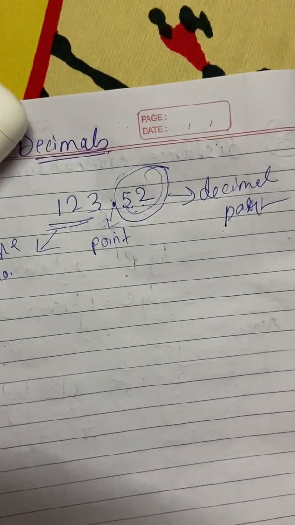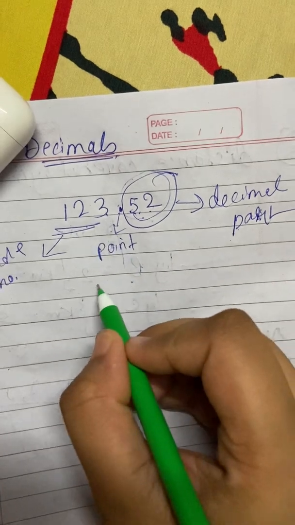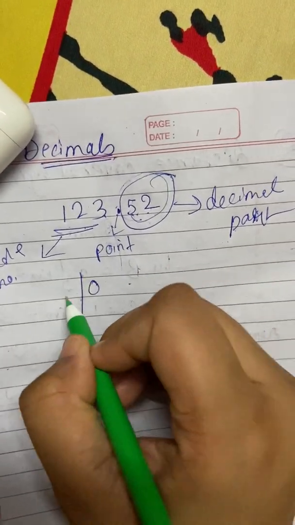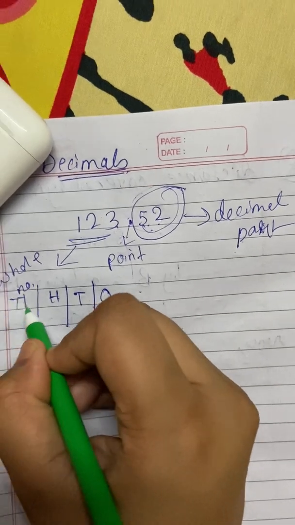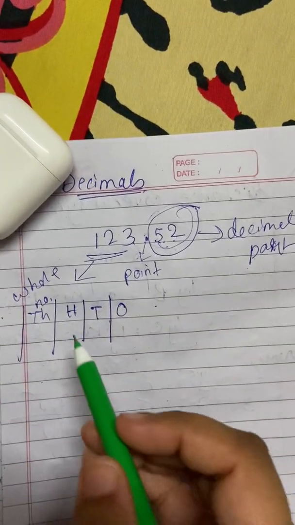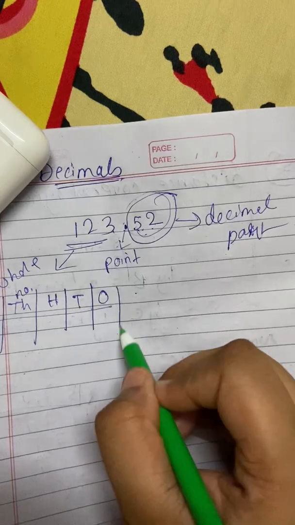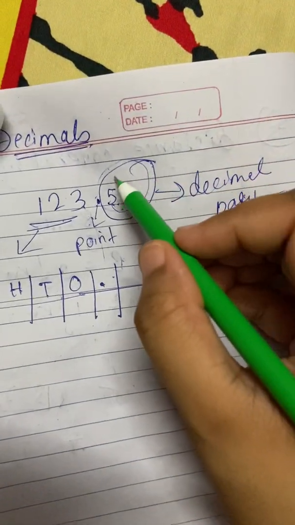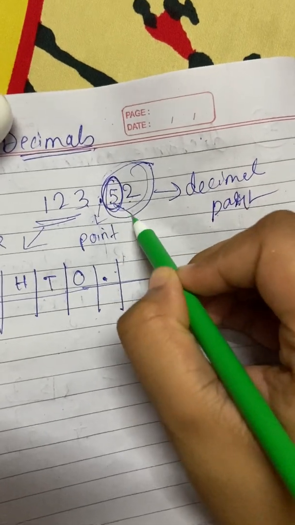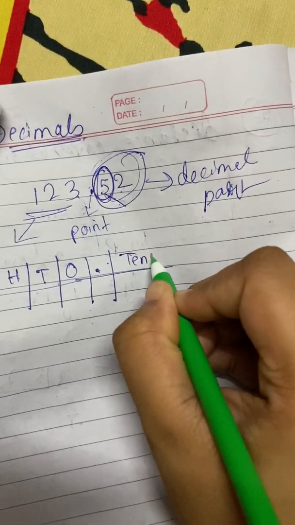Now we know that this value is ones, then after ones it comes tens and hundreds, then thousand, 10,000 and so on. You know this place value. Now this is the decimal. So just after decimal, this 5 is in the tenths place.